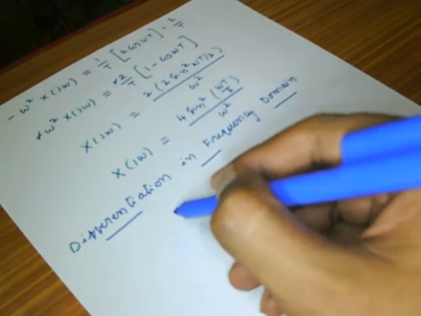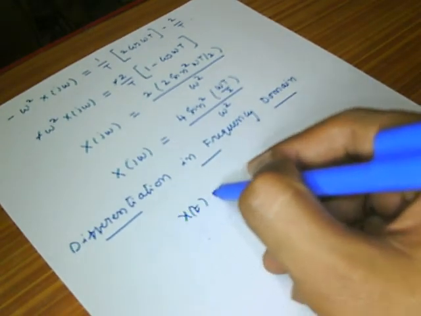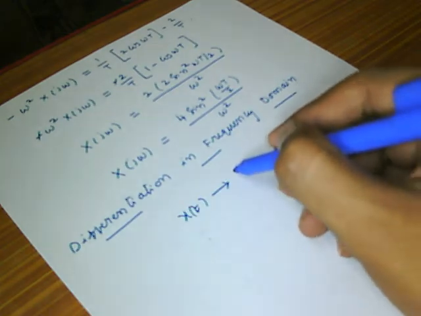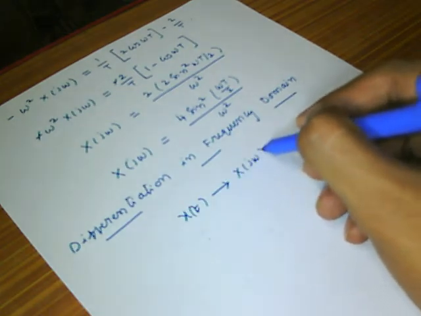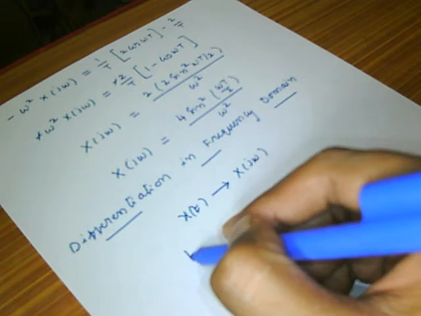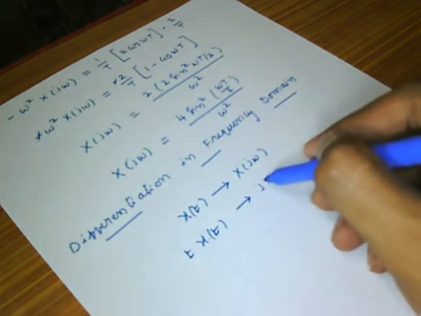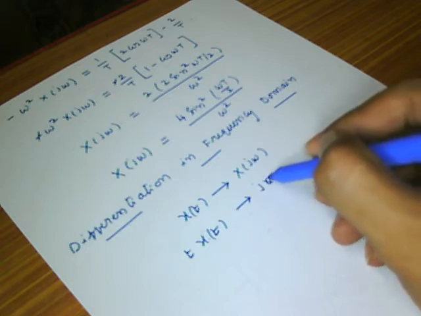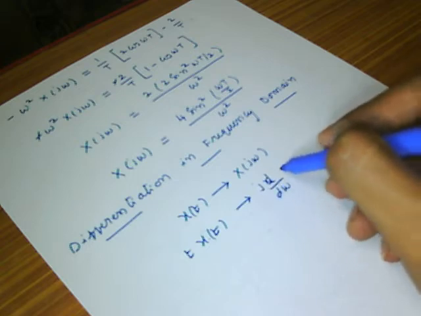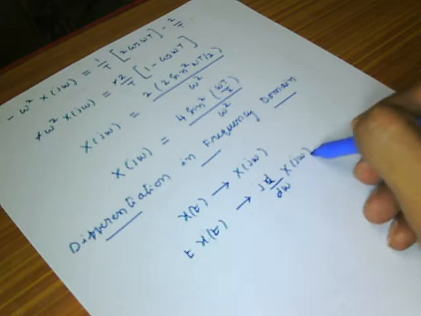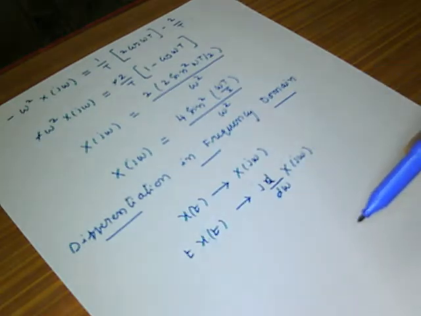If a signal x of t has X of j omega as the Fourier transform, then t x of t will have j into d by d omega of X of j omega as the Fourier transform. Let us illustrate this with an example.